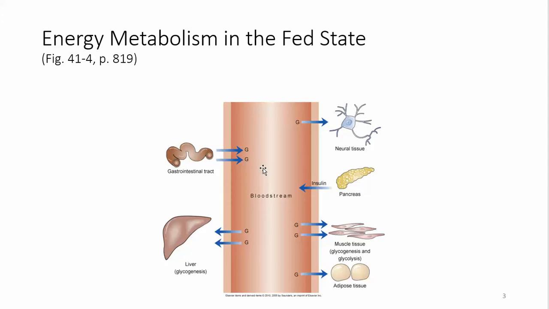Insulin promotes lipogenesis, making fat from the glucose. And it opens the door to facilitate diffusion of glucose into muscle tissue, heart tissue, other tissues in the body, but primarily the tissues that use a lot of glucose.